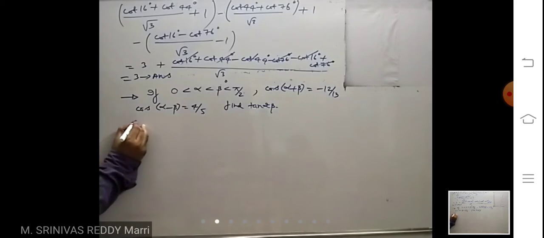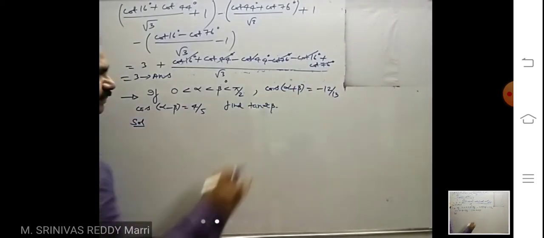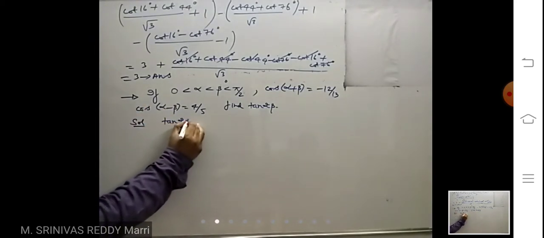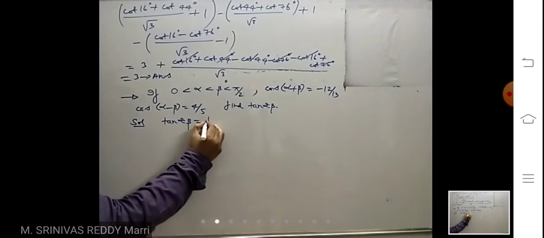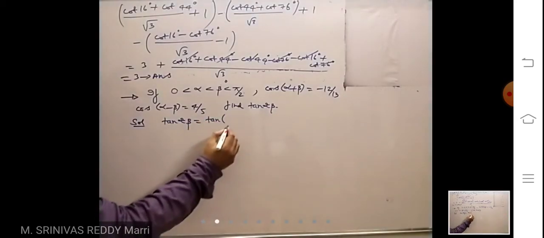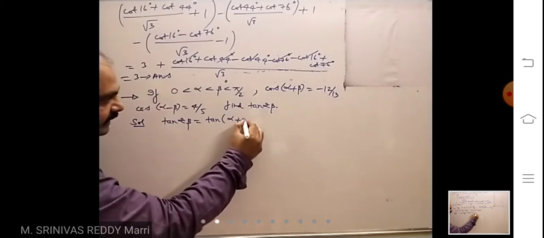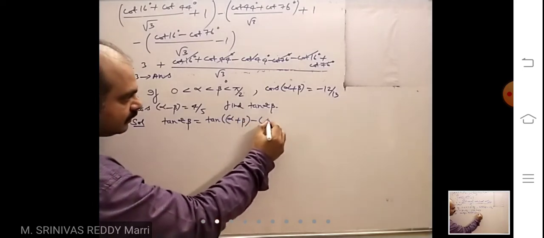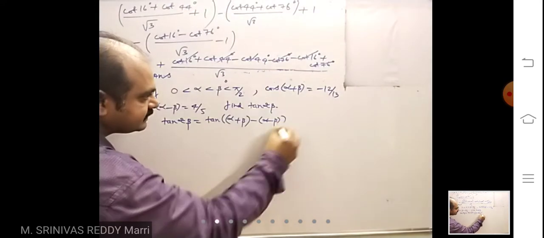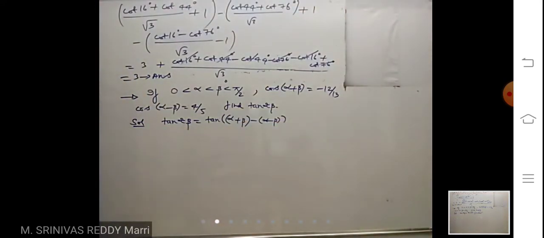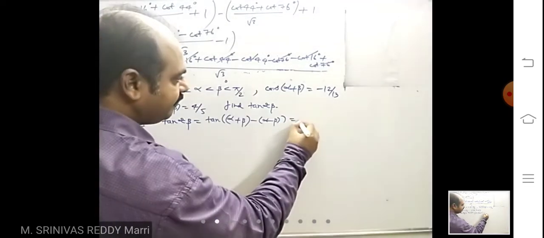So you know about alpha plus beta, you know about alpha minus beta. So look at, I am writing tan 2 beta value. As alpha plus beta is known and alpha minus beta is known, now I am writing tan of 2 beta as alpha plus beta minus alpha minus beta.